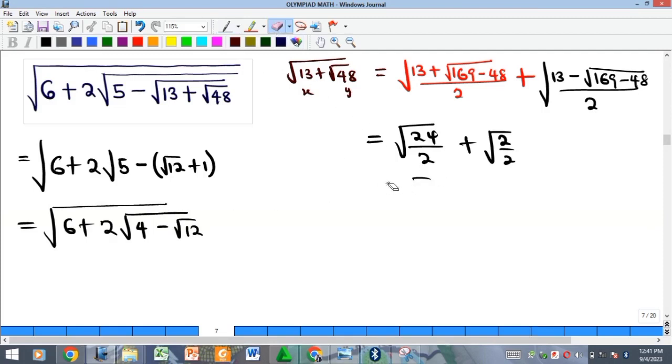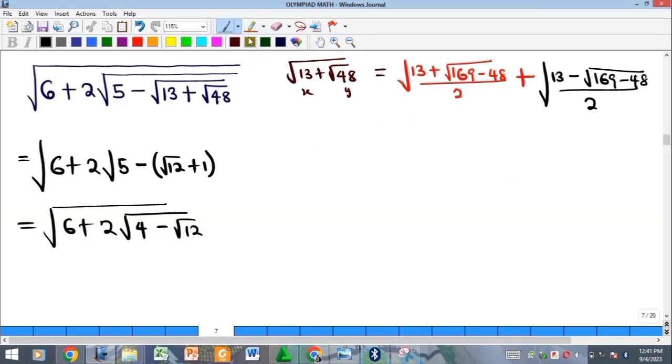Now, if I may, let me remove here. Okay, so now using the same method, we are going to simplify this other square root, and that is going to give us the square root of 4 minus the square root of 12.